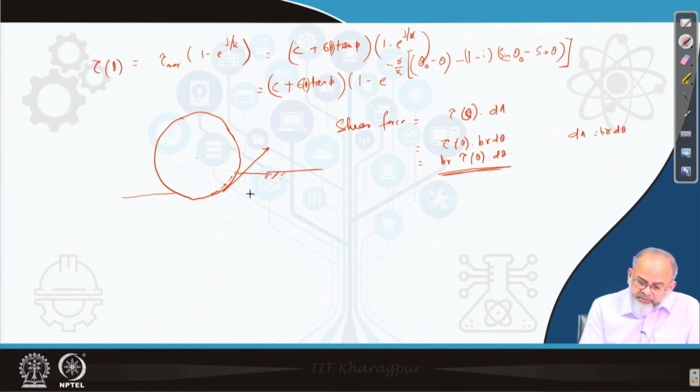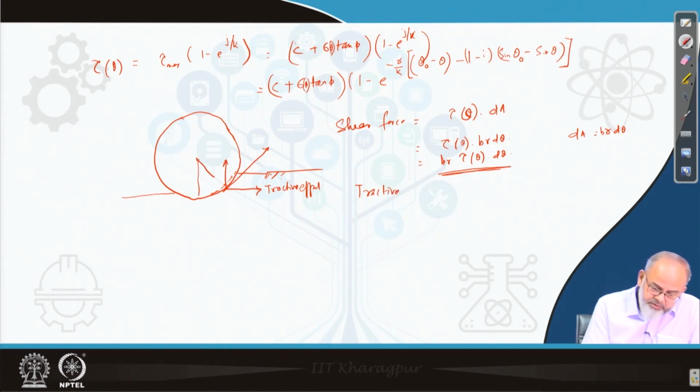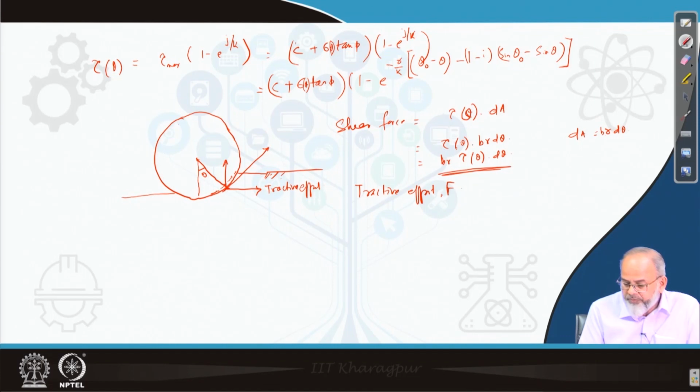Now, for finding out tractive force, you have to resolve into two components. One is the horizontal component. This horizontal component is denoted as tractive effort. So, tractive effort will be denoted as F, equal to this shear force which you got, the cos component of that one.